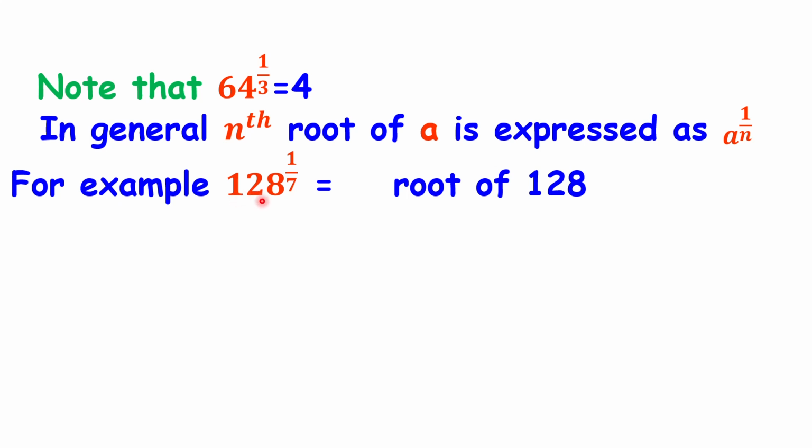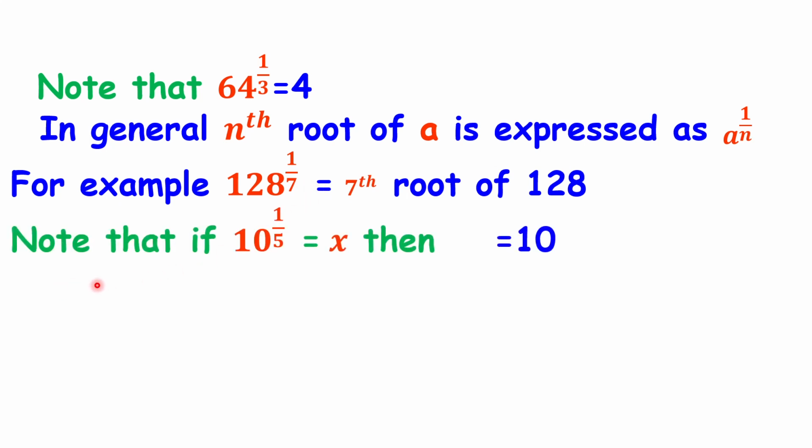So 128 raised to 1 upon 7 is equal to, here denominator is 7, so 7th root of 128. Note that if 10 raised to 1 upon 5 is equal to x, then x raised to 5 is equal to 10.